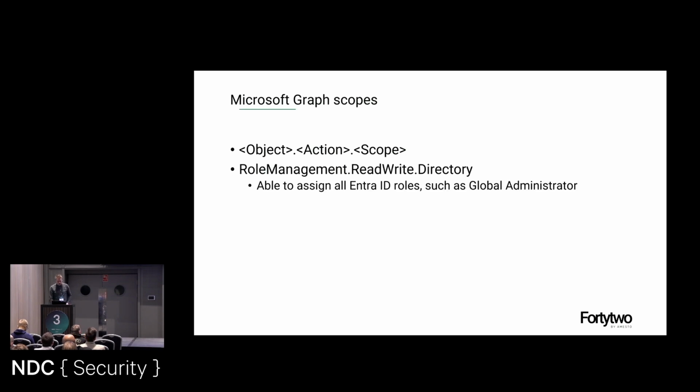So we talked already about Microsoft Graph scopes. And there are many. It's a similar list of scopes here as well, where they relate to different Entra ID roles. Meaning that, for example, this RoleManagement.ReadWrite.Directory, it's not the same as global admin, but it can assign it.